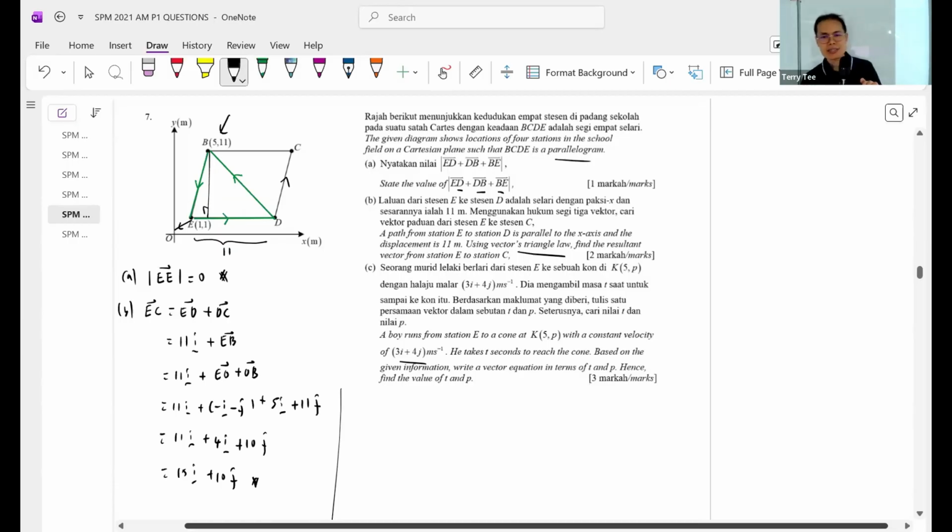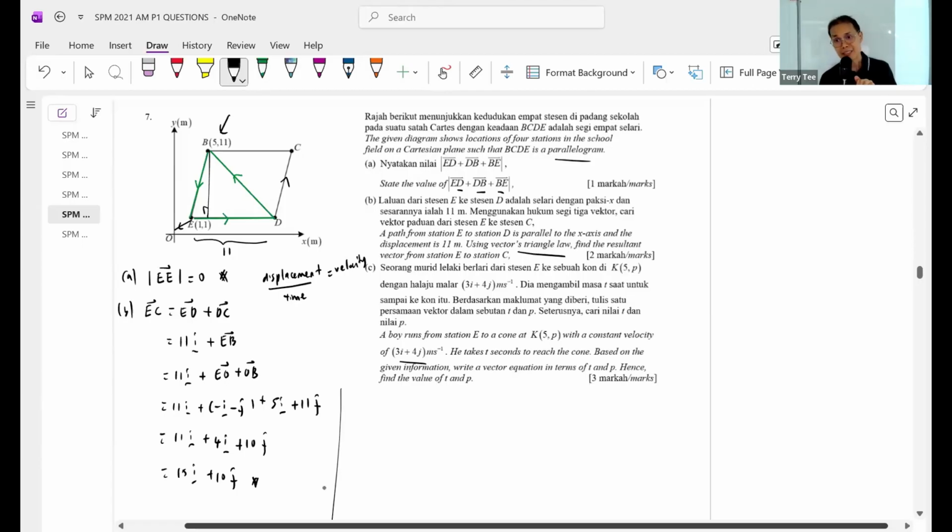Okay, when they say write a vector equation, it sounds confusing to some people, because what do you mean by vector equation? What vector are you talking about? So I suggest we do it one by one, because a lot of people don't understand. We don't have a lot of practice on this. Displacement divided by time equals what? Equals velocity.